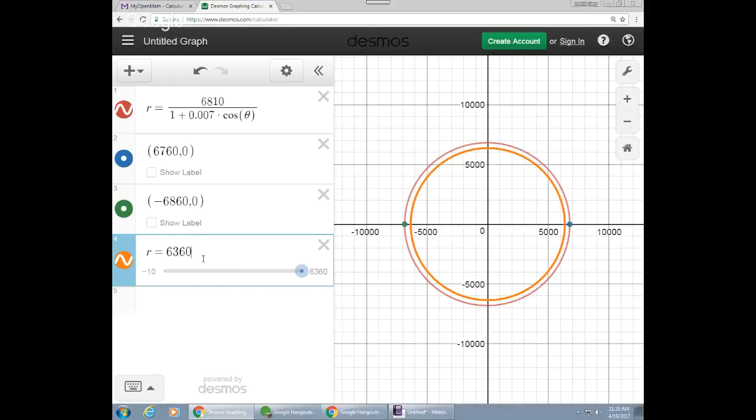Okay, so we have a pretty tight orbit. So the Earth is everything inside this orange circle, and the International Space Station is hugging pretty tight around there. Okay. It's a little farther away over there than over here. This is the closest, that's the farthest away it's going to be. Okay, so it's progressively getting slightly farther away as we rotate this way, and then this way it's progressively getting closer to the Earth again, but not by much.